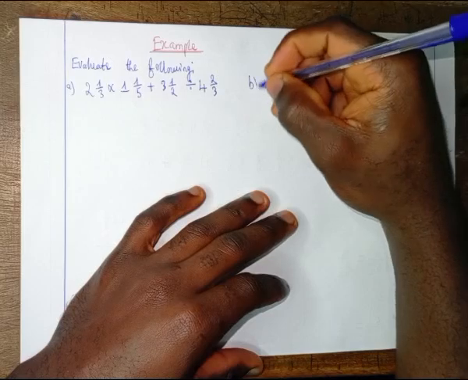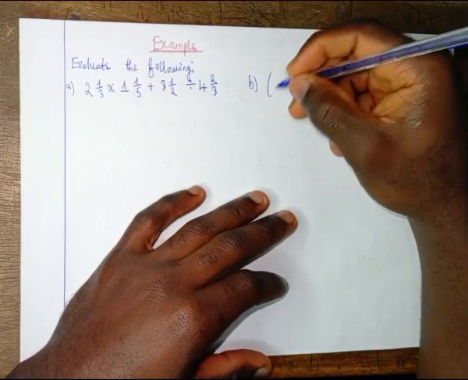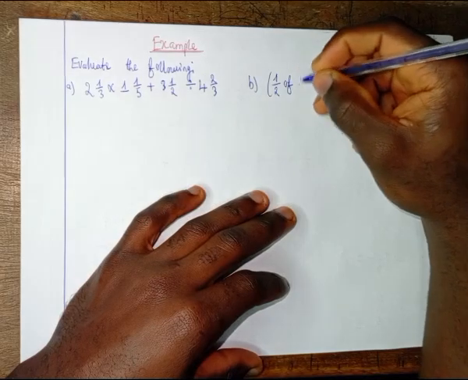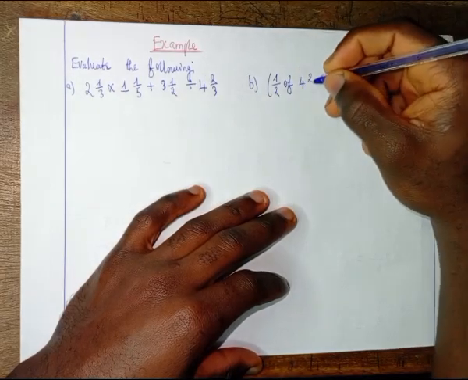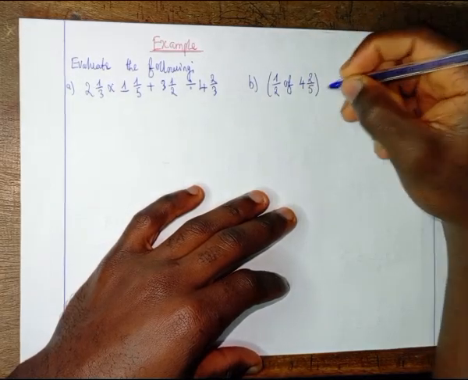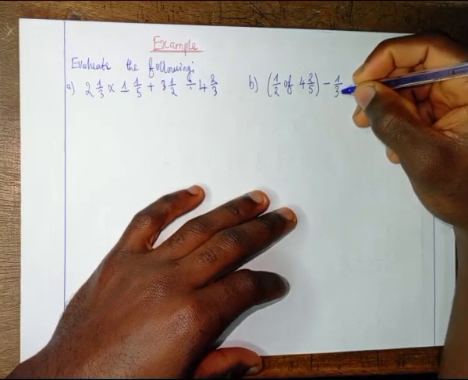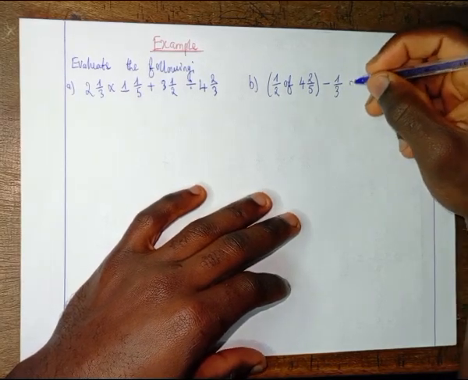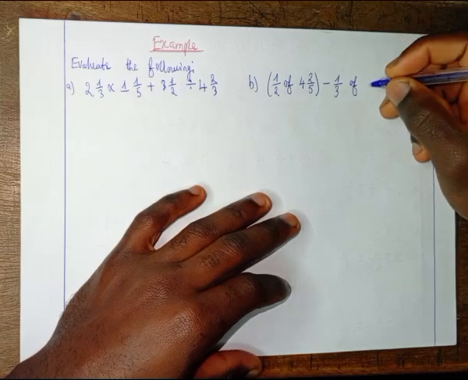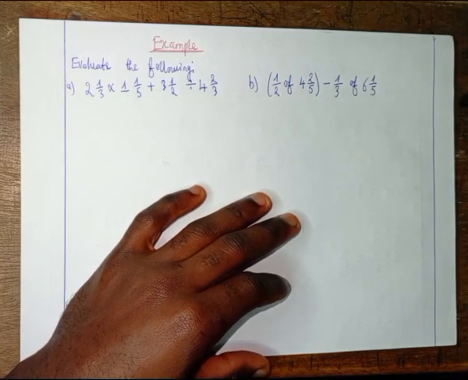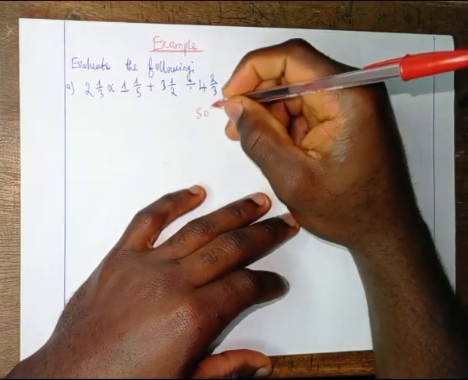For question B, we have a half of 4 2/5 minus 1/3 of 6 1/5. We take solution.